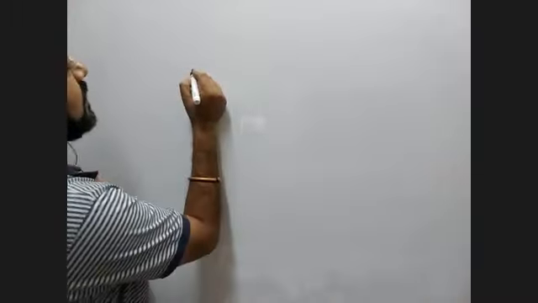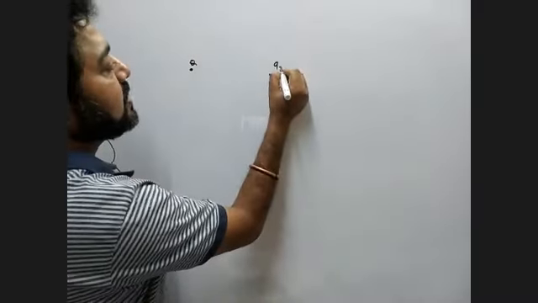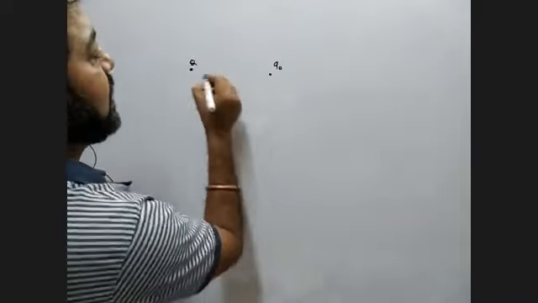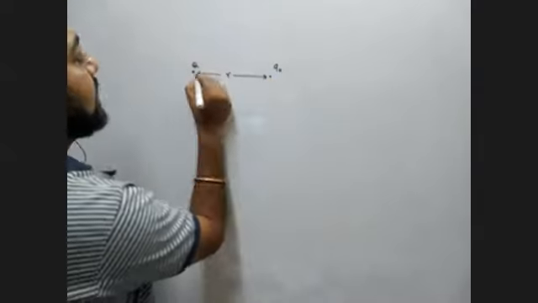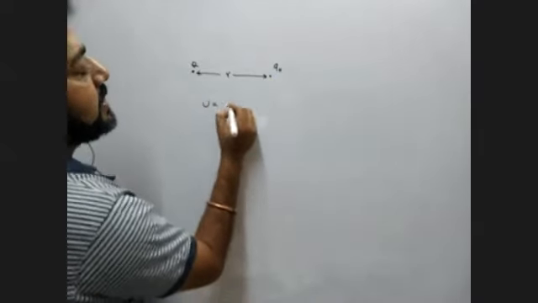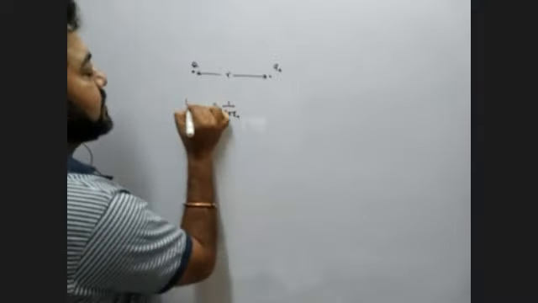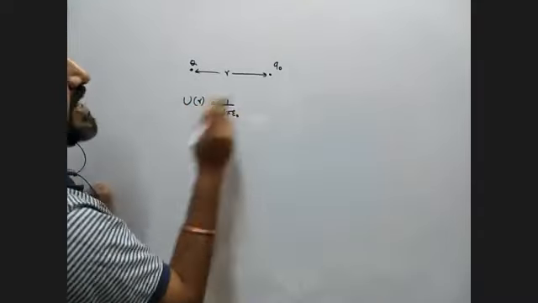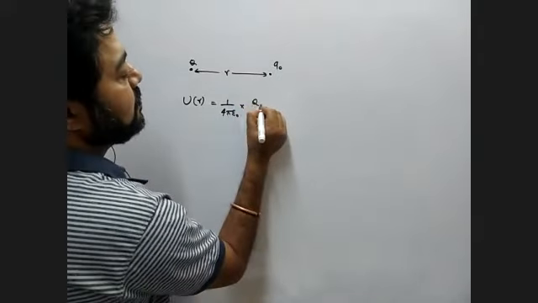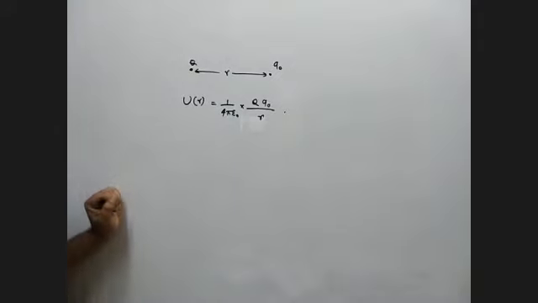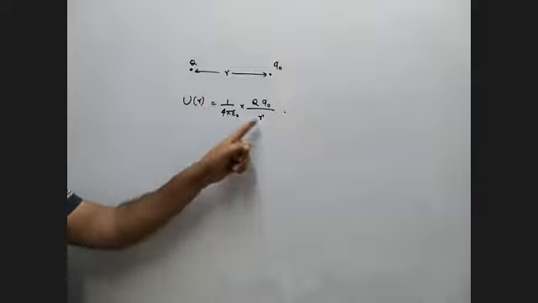For example, suppose Q is the charge and Q naught is a charge particle which you bring from infinity to R. So your potential energy is 1 by 4 pi epsilon naught Q Q naught by R. Is it okay, everyone? Can we write in that manner? Yes, sir. R is the variable.